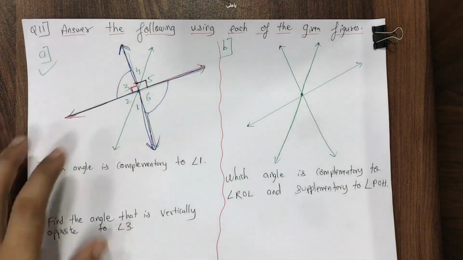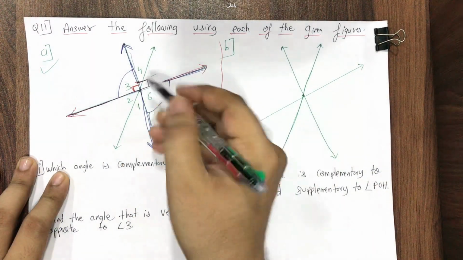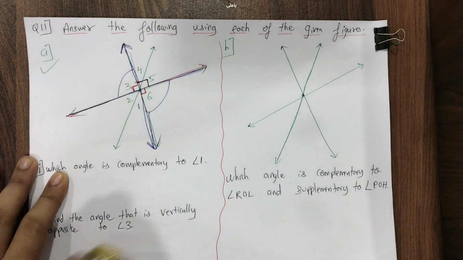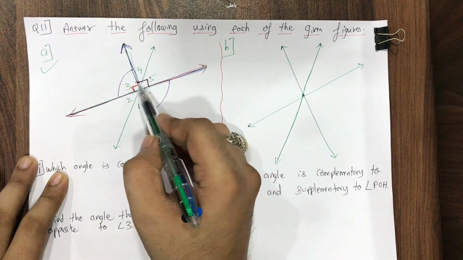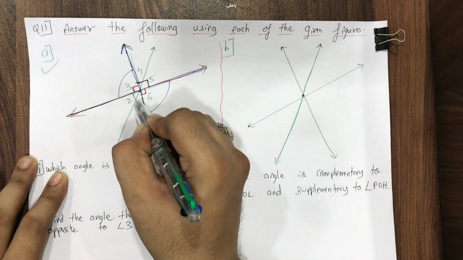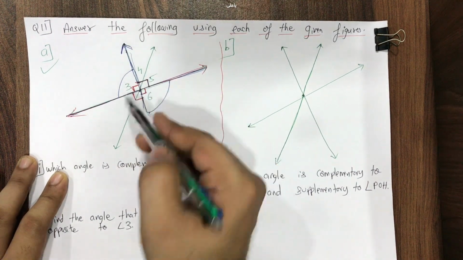Angle 3 के exact opposite में है angle 6. So if angle 3 is 90 degree, angle 6 will also be 90 degree. Vertically opposite angles are equal. Similarly, ये 4 और 5 मिला के 90 है, तो 1 और 2 मिला के भी 90 हो गए, तो ये भी 90 होगा. Vertically opposite angle, आमने सामने के angles equal होते हैं.